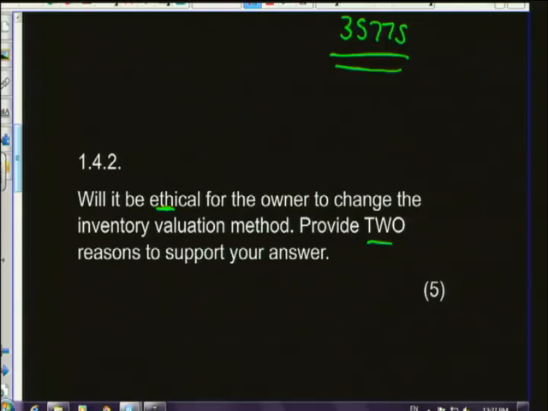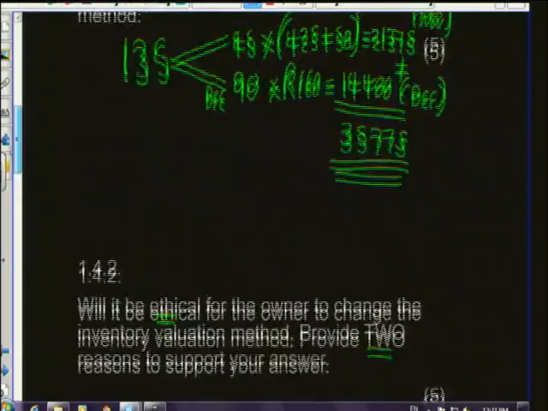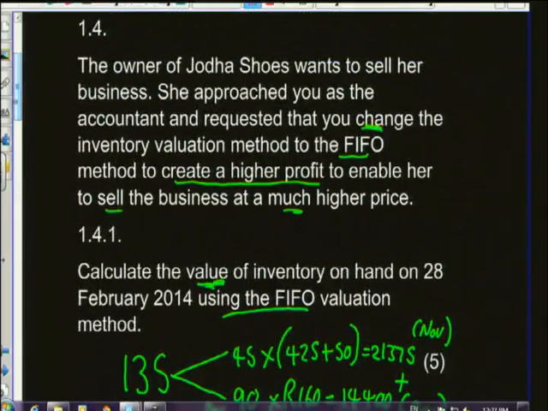Now before we decide, let's go back to the information. The owner has approached you as the accountant to change the inventory valuation method. Now remember guys, when a business decides on the stock valuation method that they're using, the actual stock, or the type of stock rather, that they're selling will play a role.